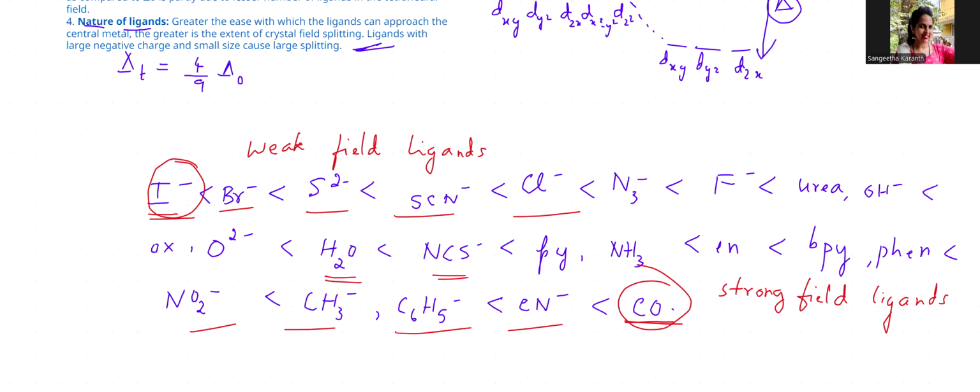In my next video I'll be explaining how you have to distribute the electrons during the octahedral splitting as well as the tetrahedral splitting, and how we decide the magnetic property as well as other properties of the metal, like whether it is a high spin complex or a low spin complex, etc.